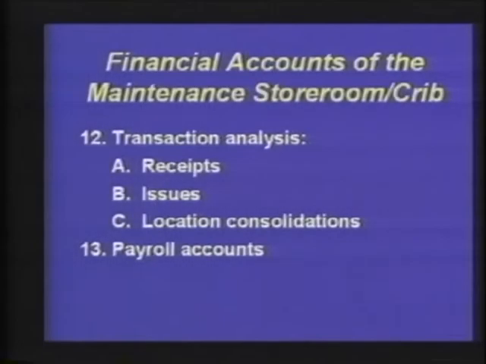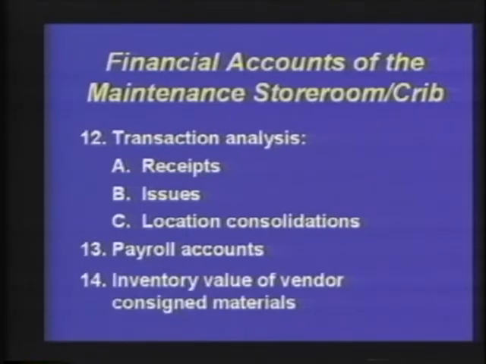Item 13 are payroll accounts, and that is what the actual payroll cost is relative to supporting the storeroom. Then we have the value of vendor consigned materials in. You're housing it, but you don't own it.